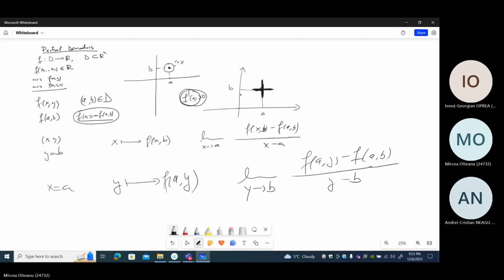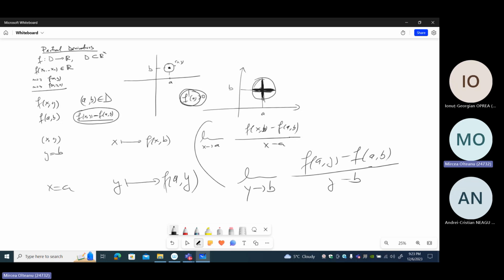We shall see later that if we have this information, we can somehow recover the behavior of the function if the point (x, y) is moving in a general way around the point (a, b). So the idea is that if we are looking at the projections, it's enough. This is it.